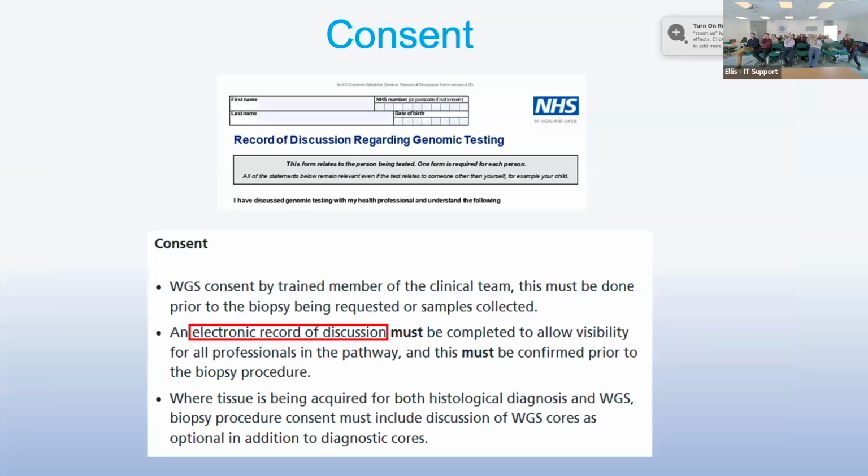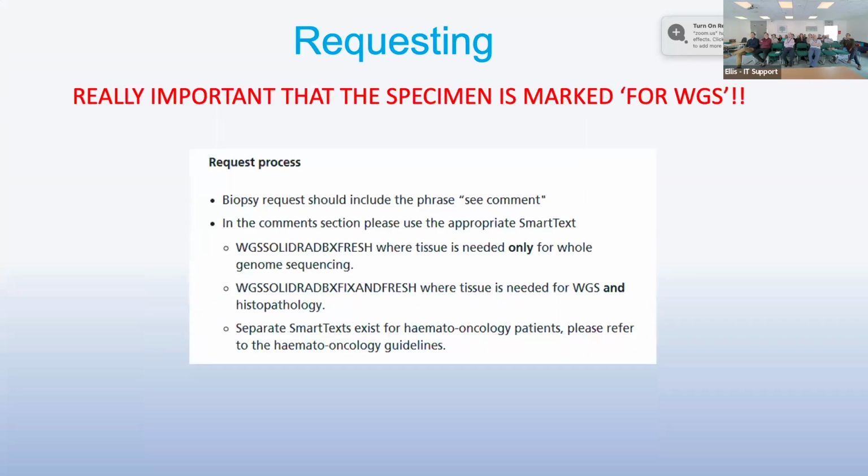One of the important components of the pathway for you is that the consent needs to be in place. It's very important that the clinician who's asking you to do this has actually done this before. They expect you to go ahead, and we want the consent to be available for you to view in Epic before you go ahead and do the procedure.